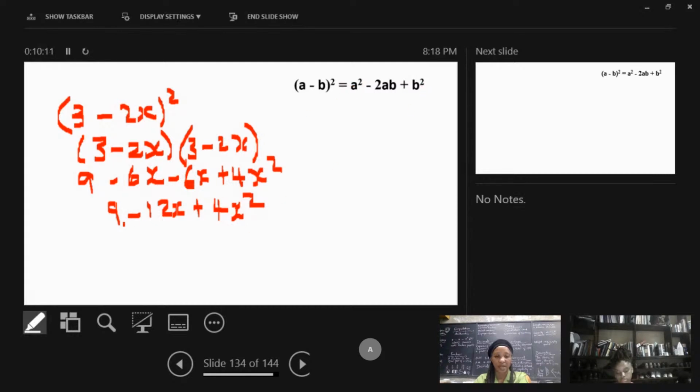So it's a squared at the end, b squared at the other end. In the middle, it's negative 2 times a times b. So negative 2 times 3 is negative 6 times the 2x. So sorry, 3 times 2 is 6 times the negative 2x. That's negative 12x. All right, so give me some feedback so far if you understand what I just did there.